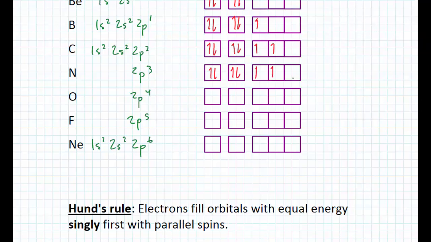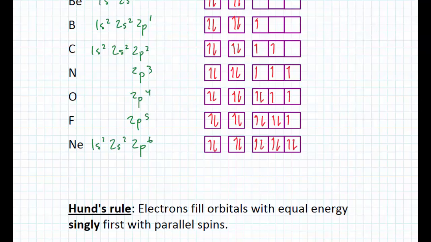See, now if we're doing 4, we've got one in each first. Then we'll start pairing up spins. So there's 2p4. There's 2p5.